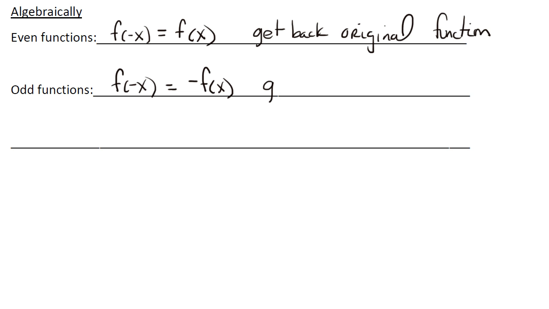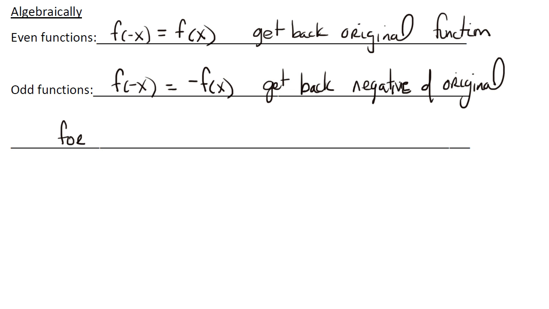So this is when you get back the negative of the original function. And for all of this, for both of these, it's for all x values in the domain. All right, you can't use things that are going to make the functions undefined, or they don't exist.